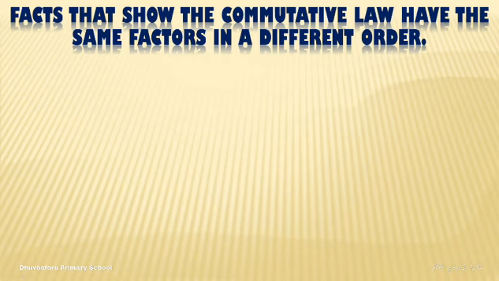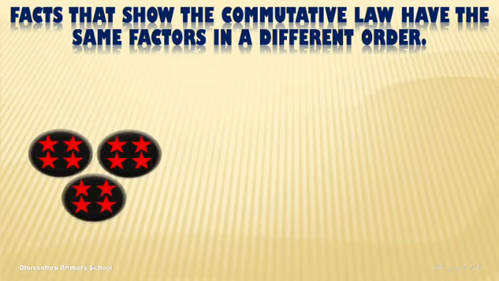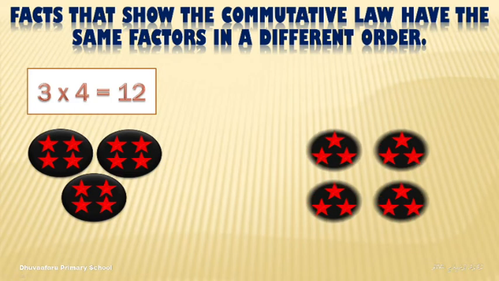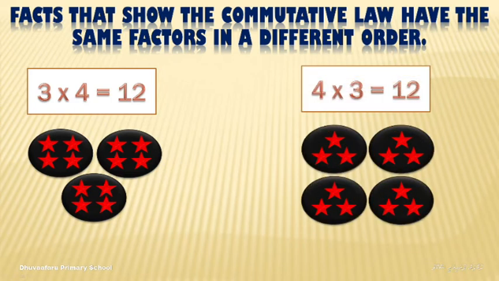So let's look at these two problems. 3 times 4 and 4 times 3 both equal 12. They both have the same product. 3 times 4 is equal to 12, and 4 times 3 is equal to 12. The answer is the same.